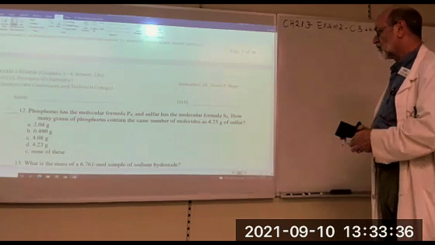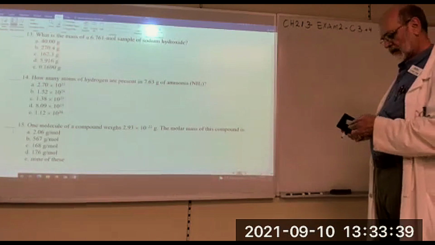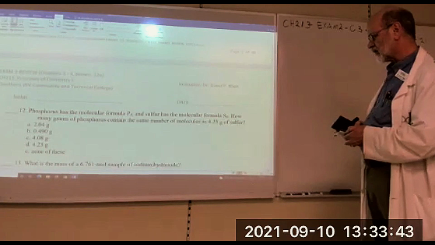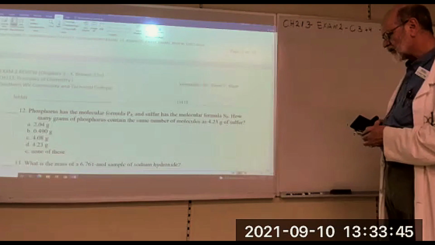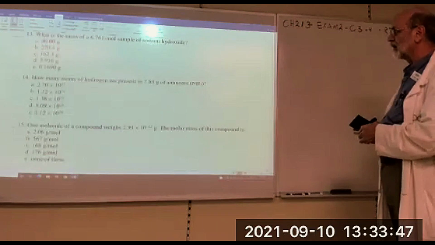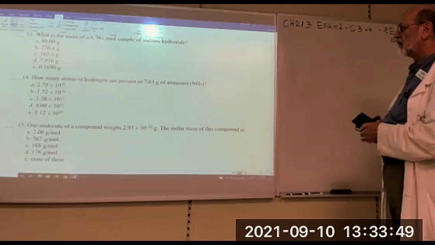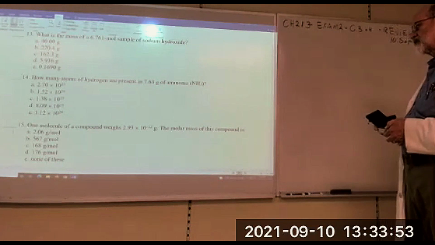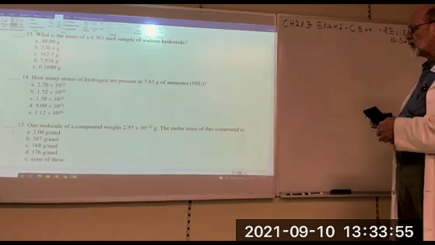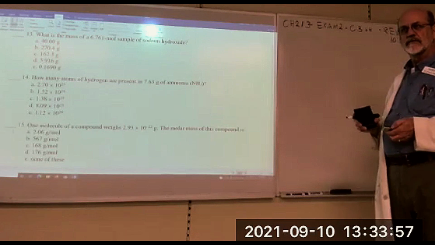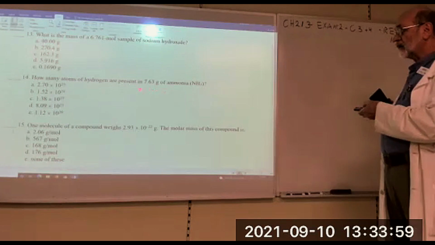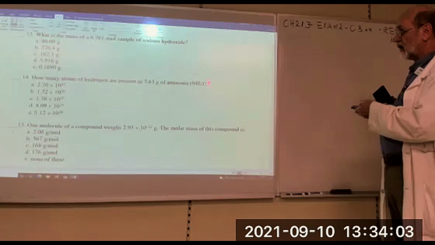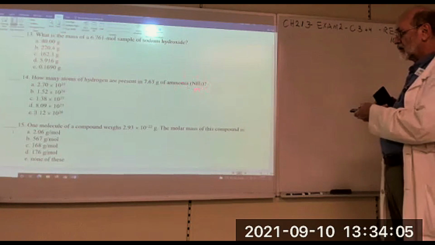All righty. Let's see. Did I skip one? 12, 13. What is the mass of a 6.761 mole sample of sodium hydroxide? Oh, that's too easy. Let's skip that one. Atoms of hydrogen present in 6... These are all unit conversions, right? All you have to do here is find out how many moles of NH3 you have.